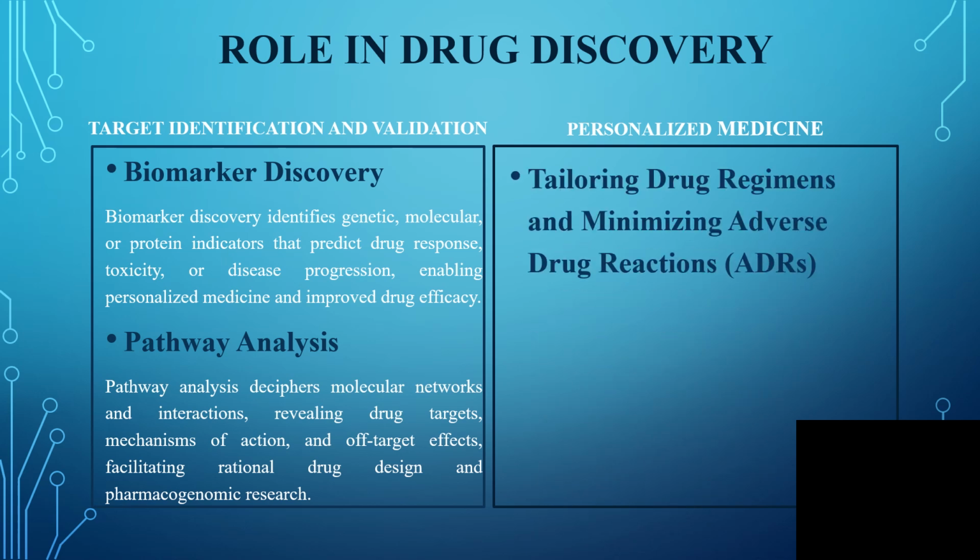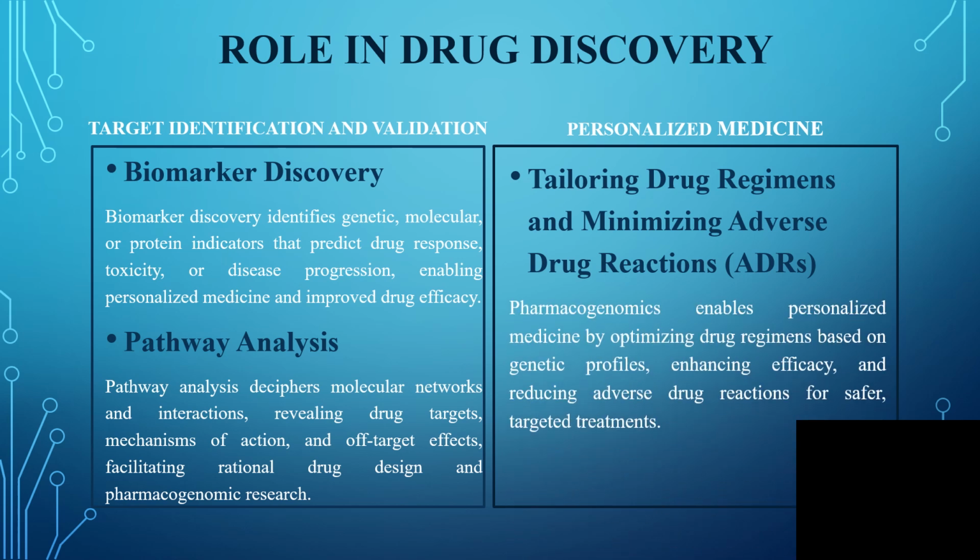By tailoring drug regimens to genetic profiles, we can optimize treatments. A great example is HLA-B*5701 testing, which ensures that patients prescribed the HIV drug abacavir don't experience severe allergic reactions. Genetic testing for the CYP2C9 gene helps to determine the correct dose of warfarin, reducing the risk of excessive bleeding. These applications demonstrate how pharmacogenomics is revolutionizing drug development and healthcare.